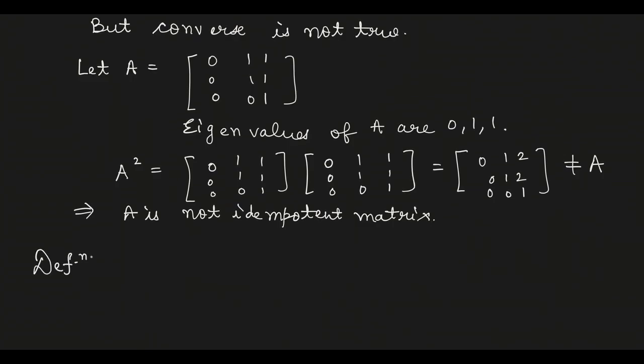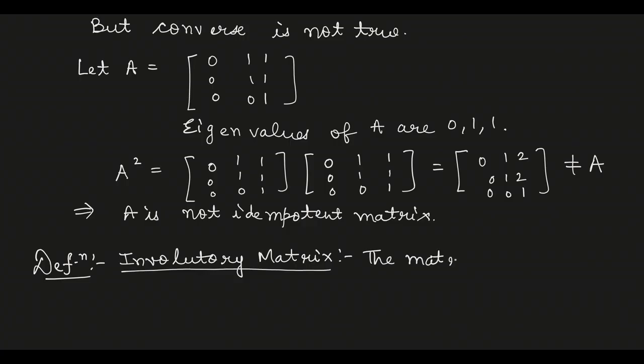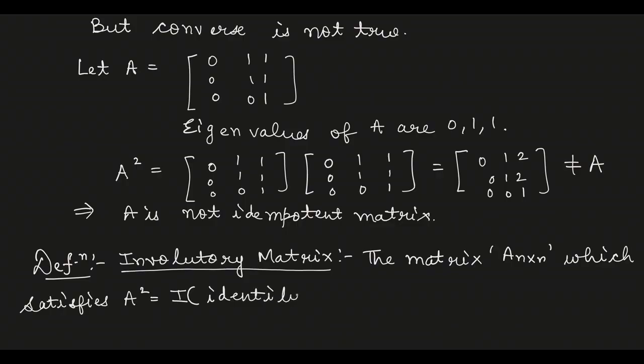Next, involutory matrix. The matrix which satisfies A square equal to I, where I is the identity matrix, is said to be an involutory matrix.